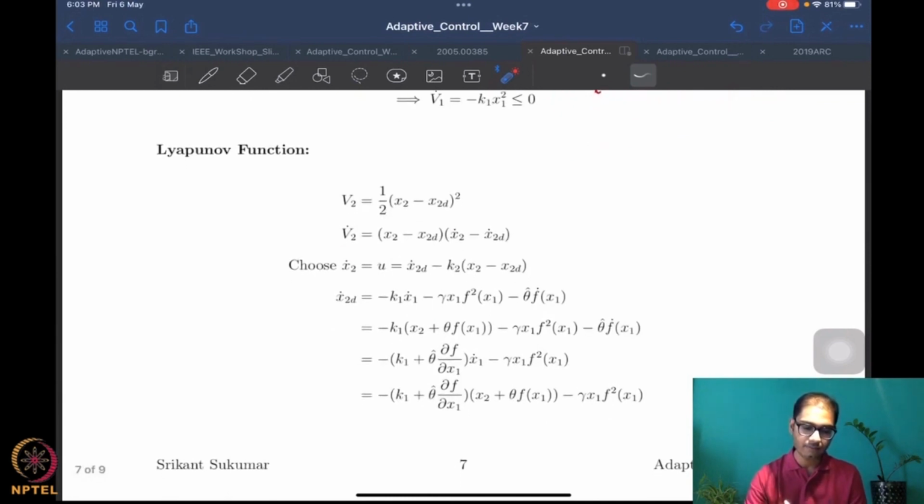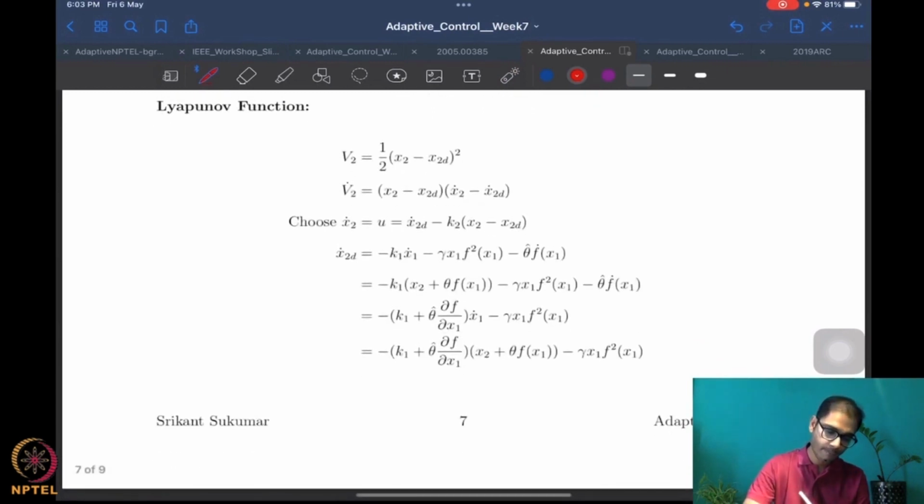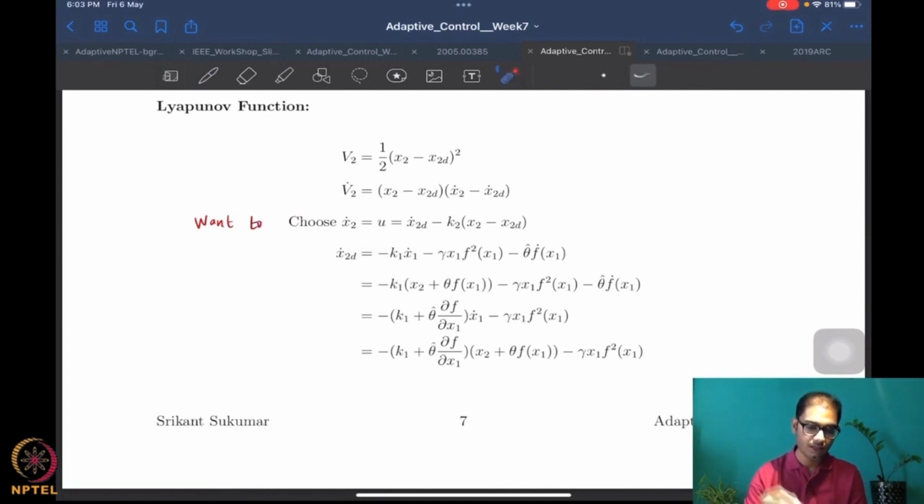And this is again the same, right? And now what we would want to do is, in fact, choose the x2 dot, which is the control, to be just again the same as before, which is canceling these guys out.